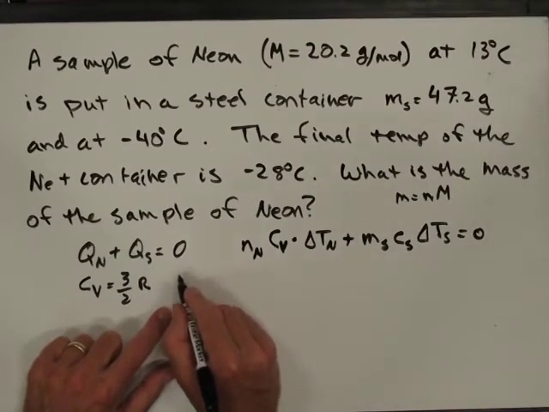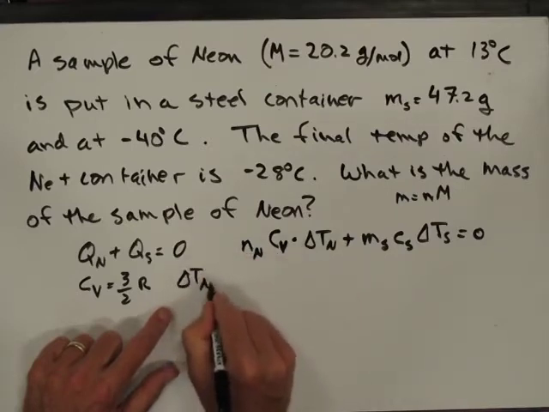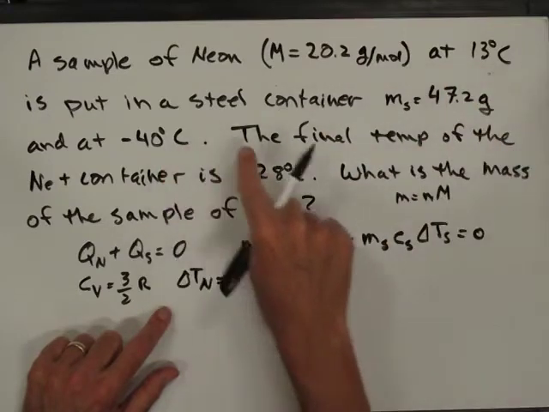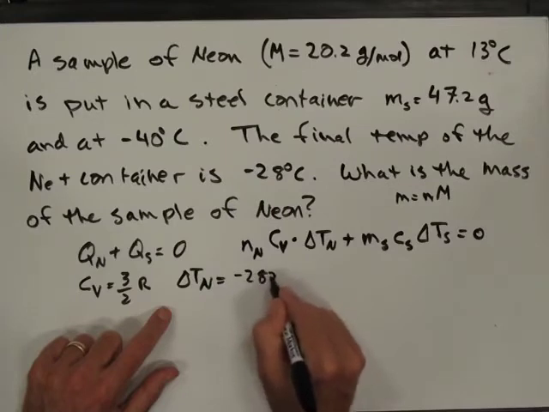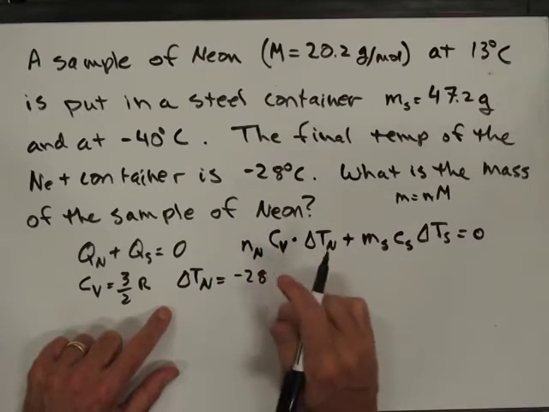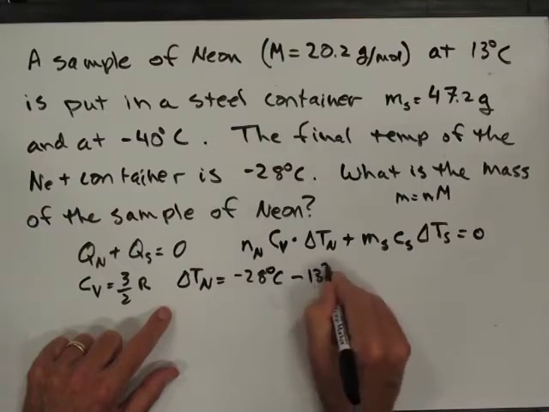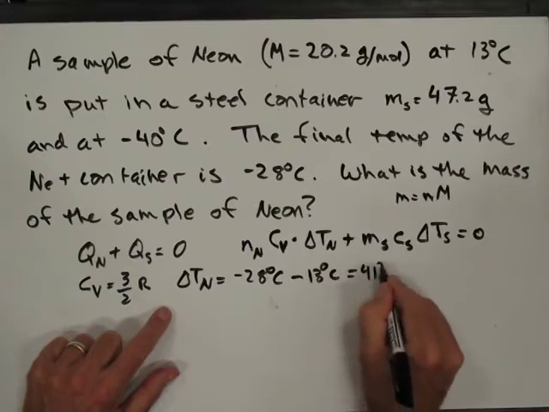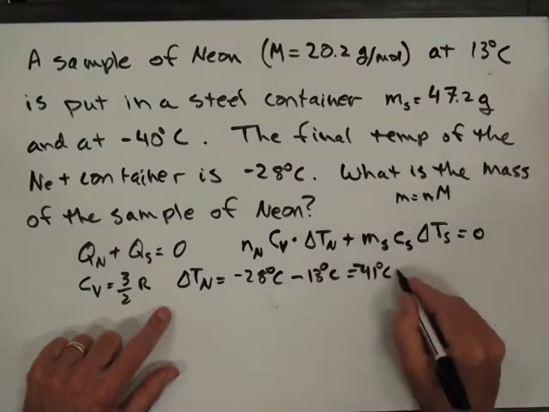Delta T for the neon: that's its final temperature, minus 28 degrees C, minus the initial, minus 13 degrees C. Final minus initial, that's negative 41 degrees C.